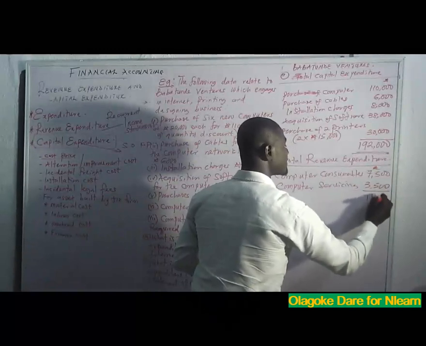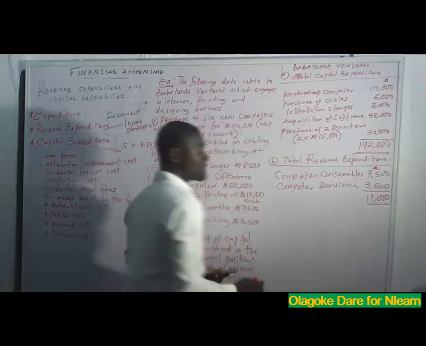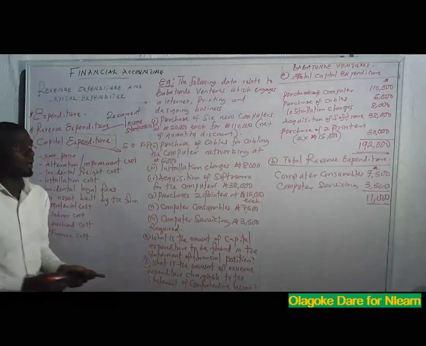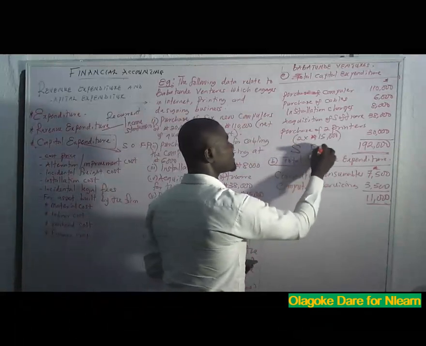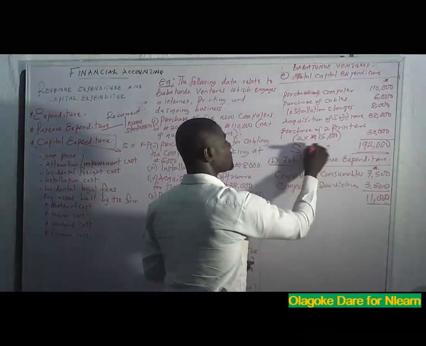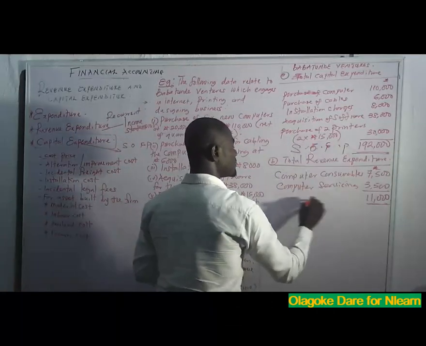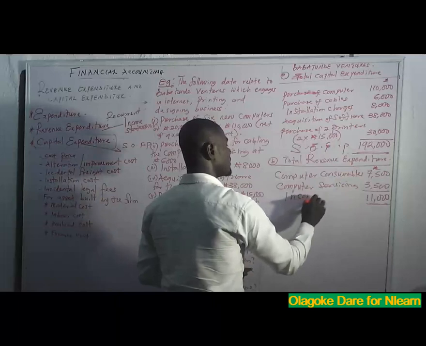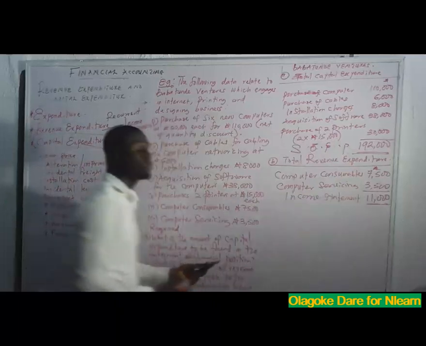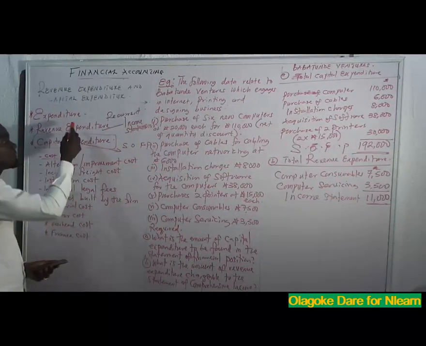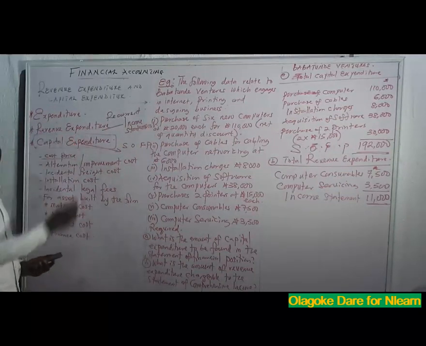So what we have here is 11,000. This is the total of our capital expenditure, which is going to our statement of financial position, while this one is going to our income statement. So with this, we should be able to differentiate between capital expenditure and revenue expenditure.